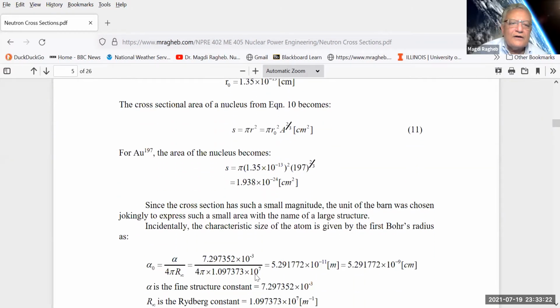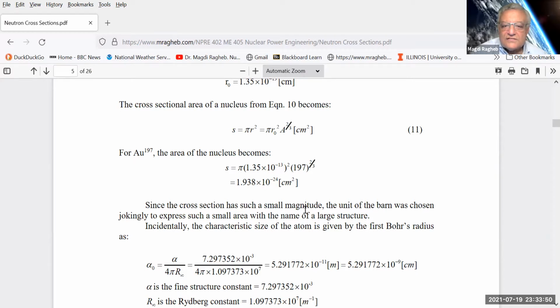So if you take gold, Au is aurum in Latin, 197, you can calculate the area of the nucleus by taking that A here as 197 to the 2/3 power. You find that the area of the nucleus indeed is in the range that we named the barn. It's about 1.9 10 to minus 24 centimeters squared, which is the barn.